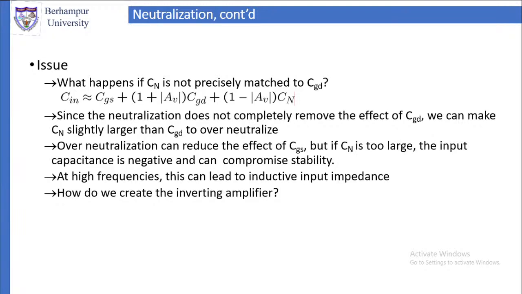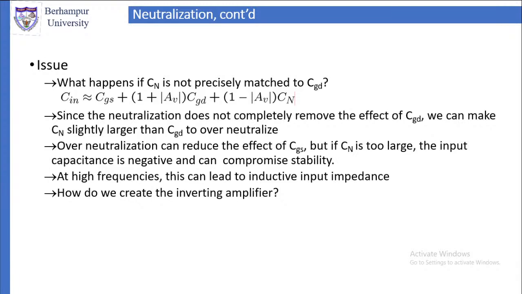Now since Cn is not exactly CGD, they will not cancel out. Some residual amount will remain. So since the neutralization does not completely remove the effect of CGD, you can make Cn slightly larger than CGD.